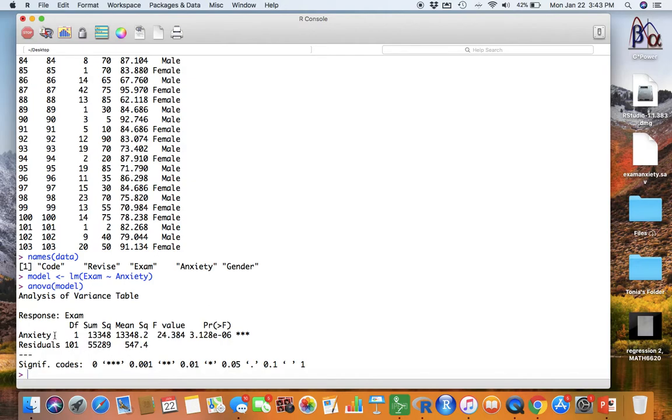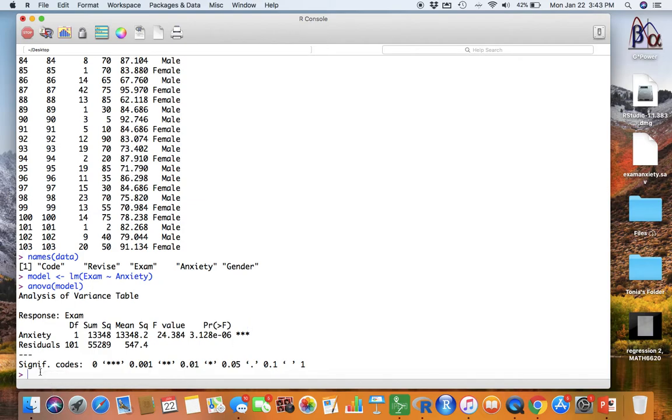However, I noticed right off the bat that my residual sum of squares is about 4 to 5 times my anxiety sum of squares. That tells me my R squared is going to be low, and I'll calculate that in just a second. But when I come out to the F value and the probability, I see that my model is statistically significant at the lowest level, the 0.001 level.